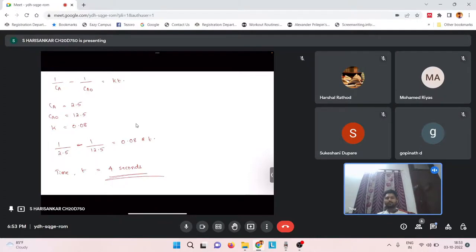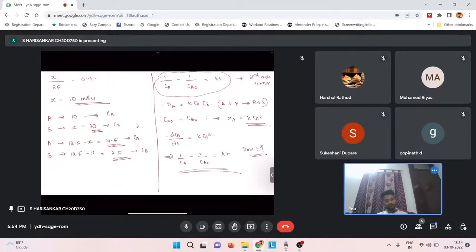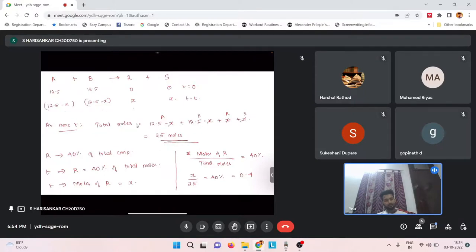So this is how we can proceed with this question. So basically what we did here is we wrote the balance of our equation A plus B gives R plus S. We just wrote the mole balance at time t equal to 0 and time t equal to t.